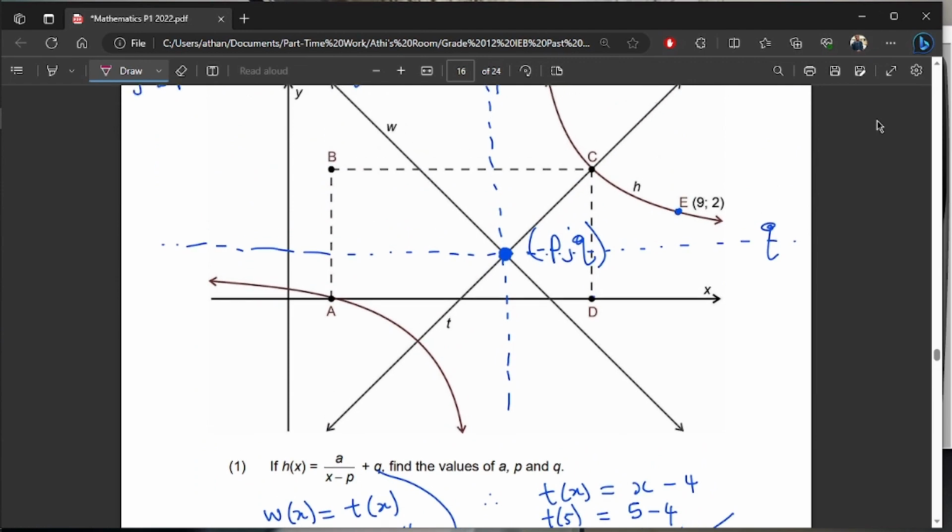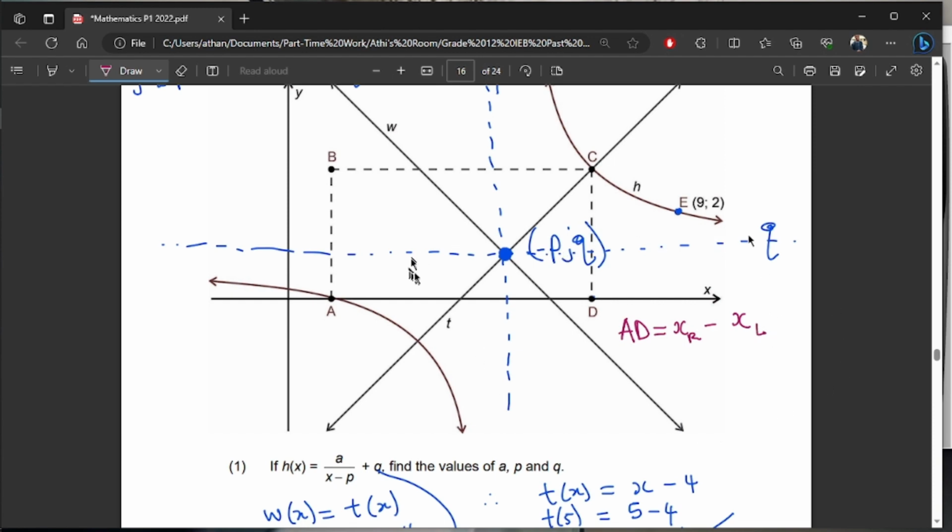Let me quickly check if I got that CD right. Yes. Now let us try to find the length of AD as well as the length of CD. To find AD, this is a horizontal line, guys, so instead of using the distance formula, we can say x on the right-hand side minus x on the left-hand side.